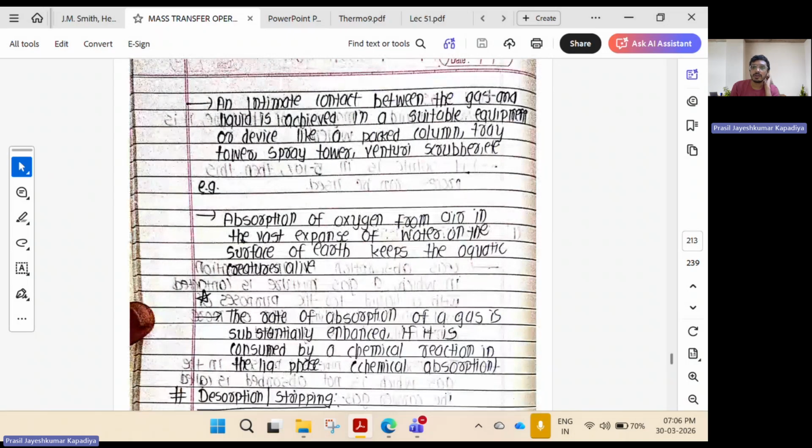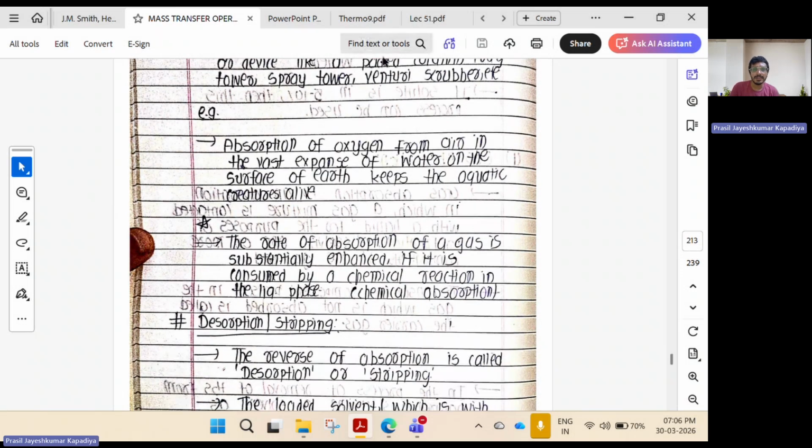Intimate contact between gas and liquid is achieved in suitable equipment such as a packed column, tray tower, spray tower, or anything similar. An example is absorption of oxygen from air in the vast expanse of water on the surface of the earth, which keeps aquatic creatures alive. That's how they get oxygen in water.